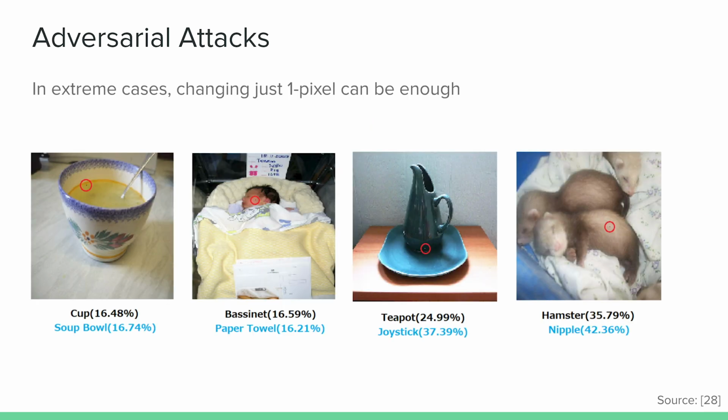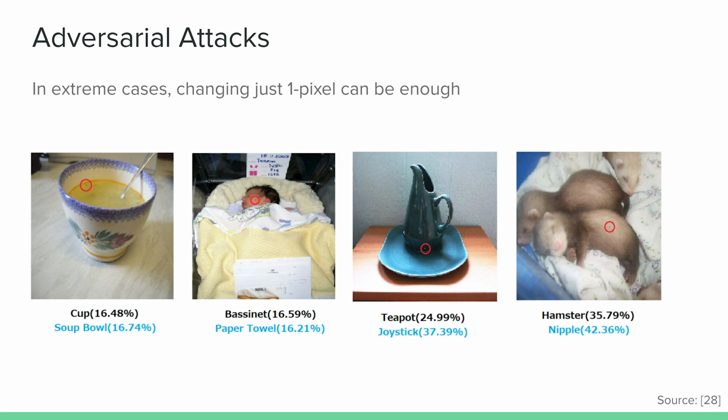In some extreme cases, the authors of this paper have shown that even just changing one single pixel can be enough to alter the predictions of the neural network. They employed a special method to find out how to change the input, like which pixels have the biggest effect.